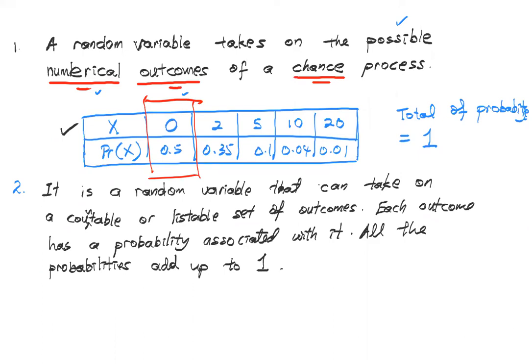Clear? So we have another type of random variable. We call it a continuous random variable. We will learn it in chapter 8. Okay? Any question? Can I move on?